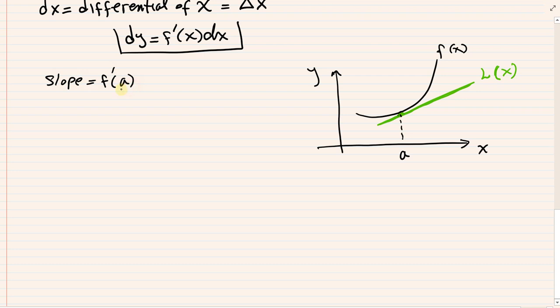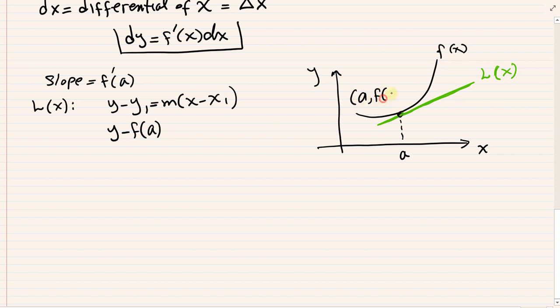That's the derivative of the function by definition, and we can get the equation of L of x using point slope form: y minus y1 equals m times x minus x1. Now y minus y1 here is y minus f at a. That's what y1 is. Remember, the coordinates of this point are a and f at a.